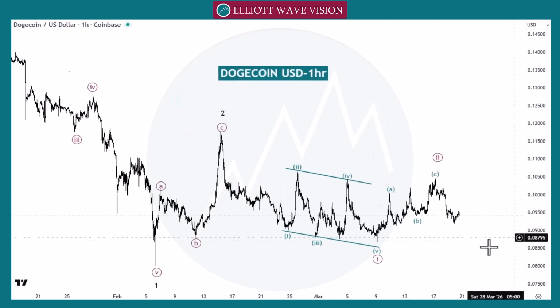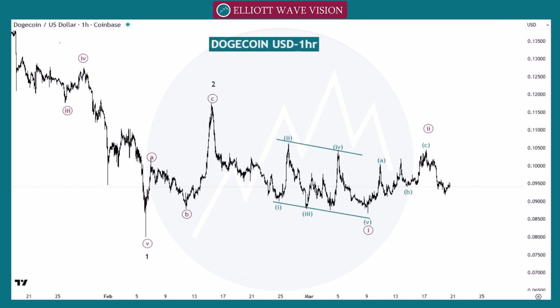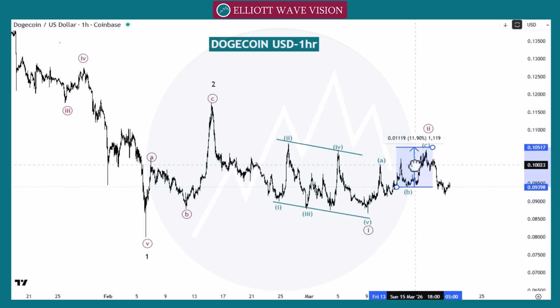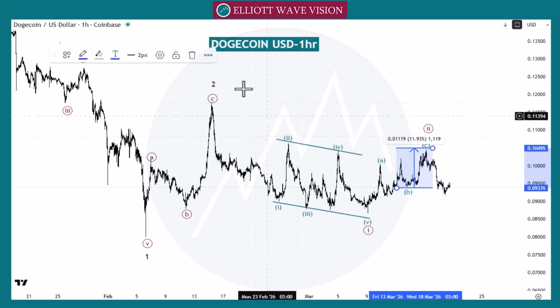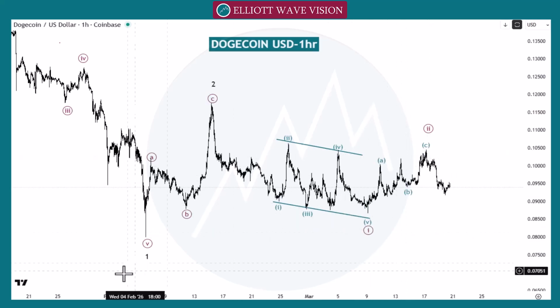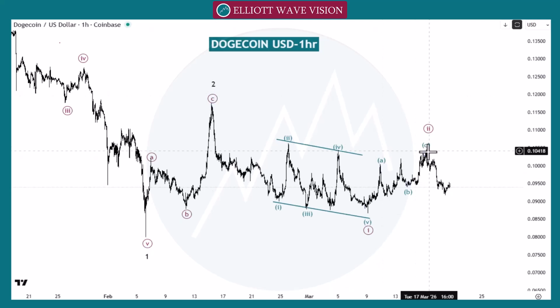We need to check the validation of this if we go as a leading diagonal. Okay, safe. So we can count this move as a W, then X, and then Y, as a B and C, or as a leading diagonal if we go like A, B, and C.